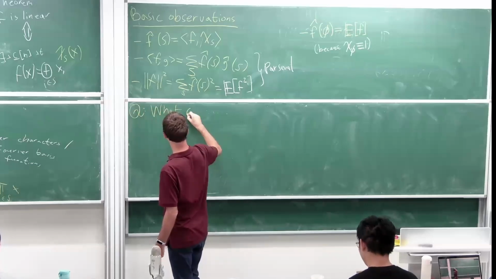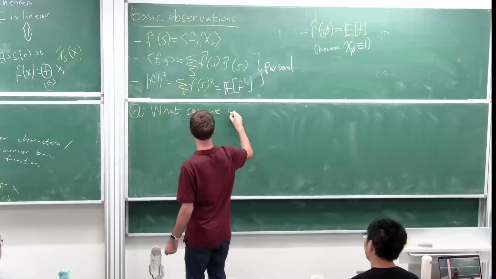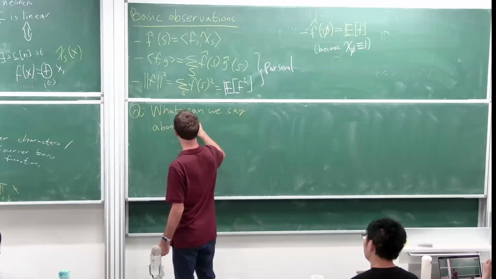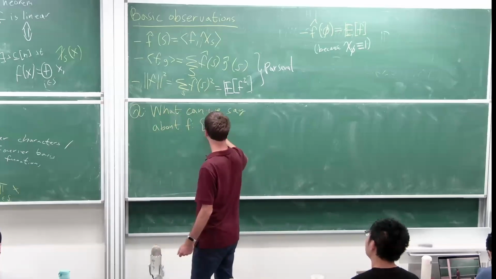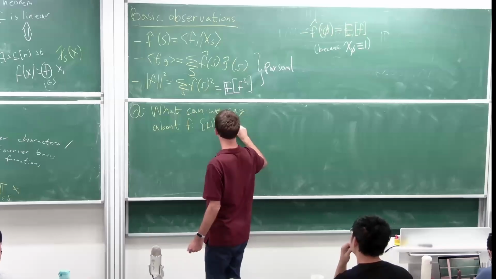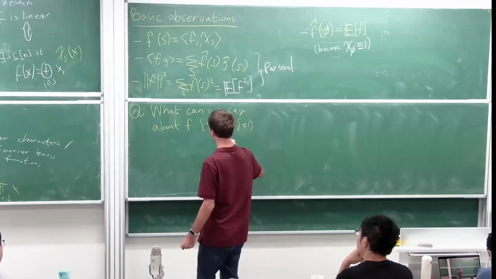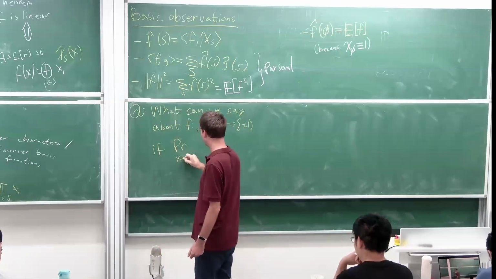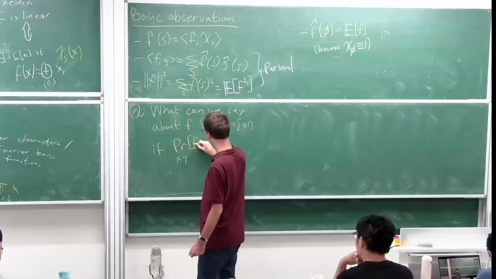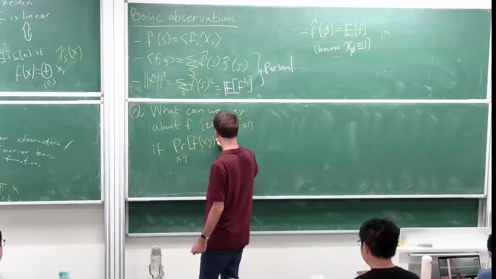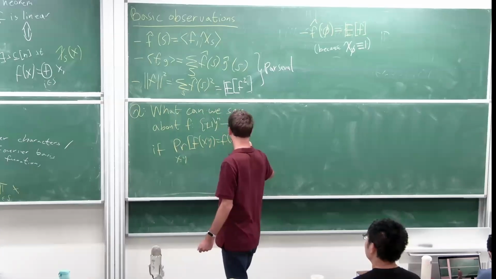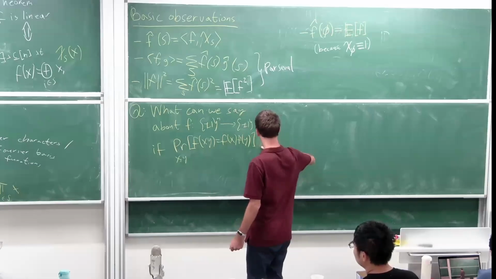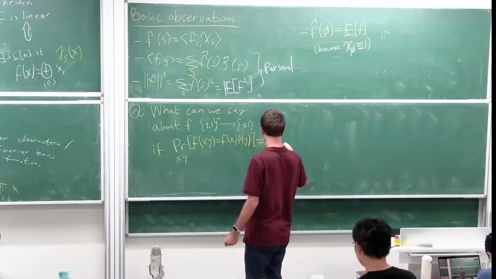What can we say about a function f from plus minus 1 to the n to plus minus 1 if, when you take x and y random, the linearity property holds with probability exactly 1 minus epsilon?